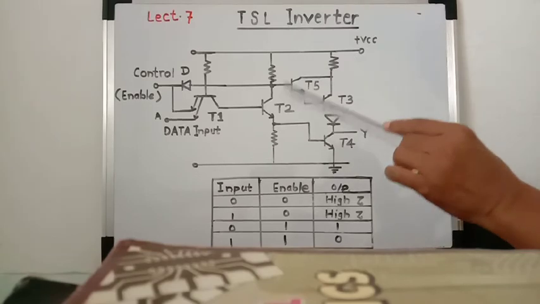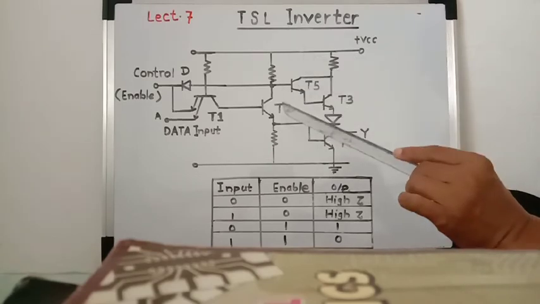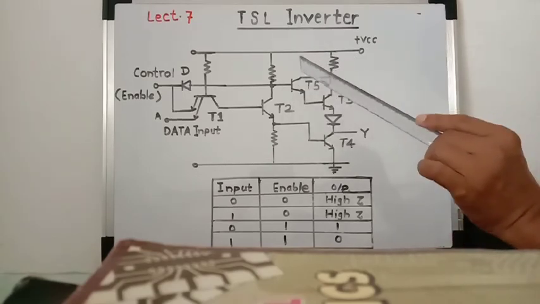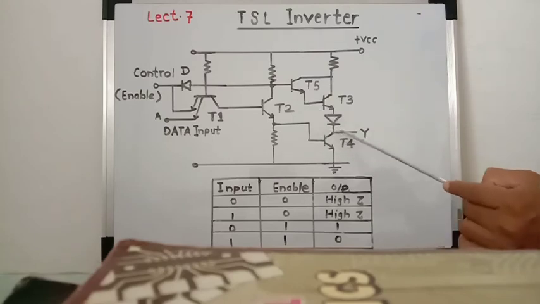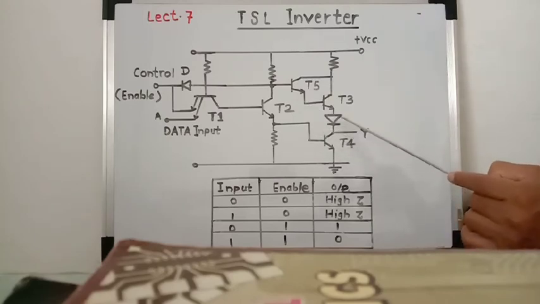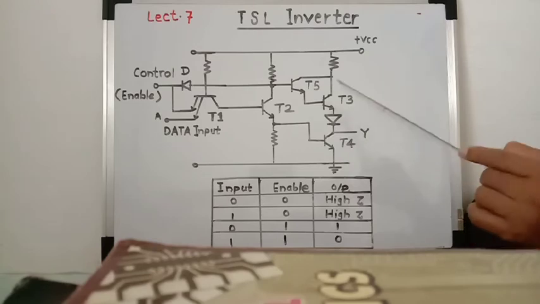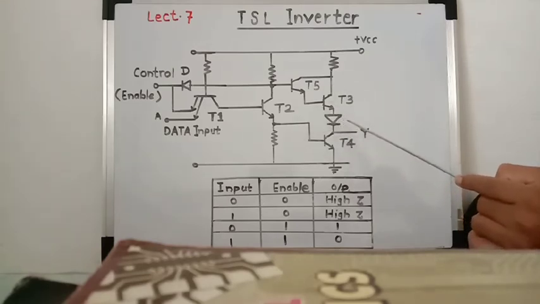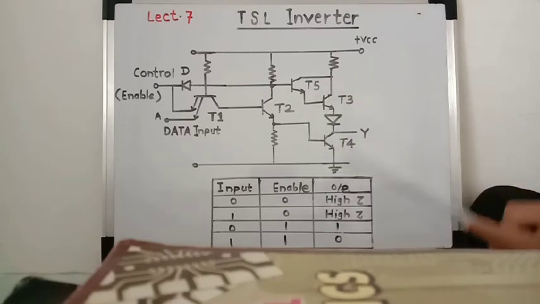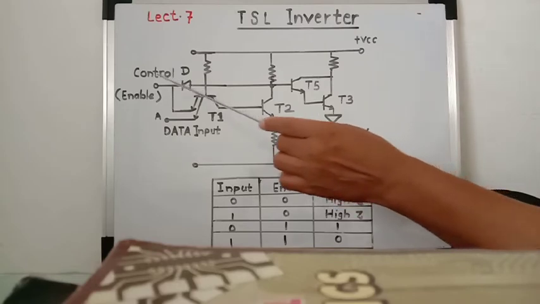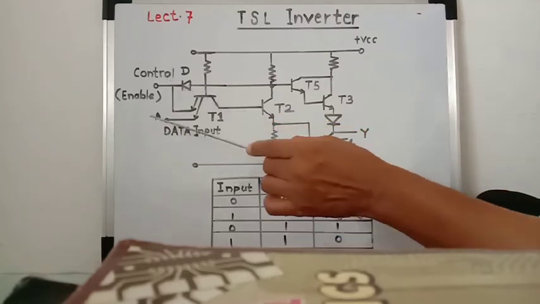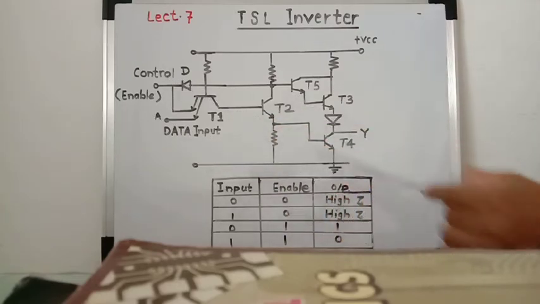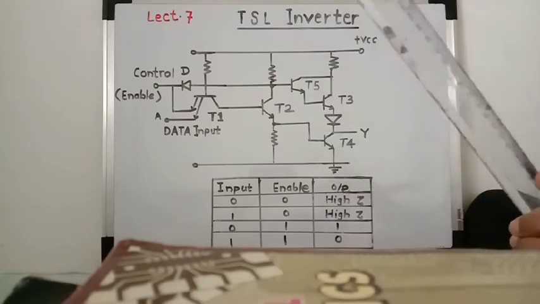So all three transistors are in the cutoff state. Therefore the output is neither at plus VCC nor 0, and the output is in the high impedance or floated state. When enable is equal to 0 and data input is 0, the output is in the high impedance state.